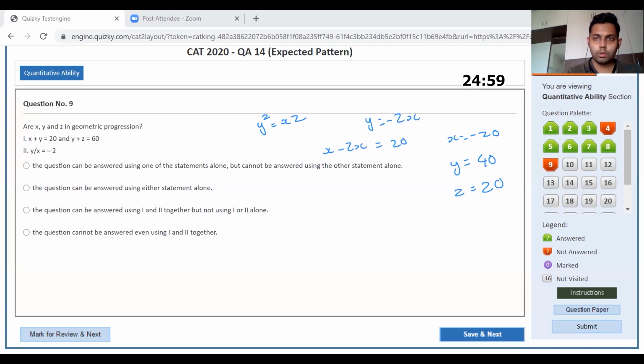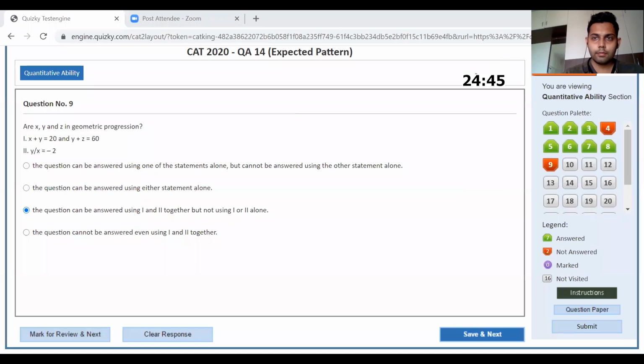So using both, we can solve it. Okay. That's why we will mark this answer. Individually, it can't be solved.